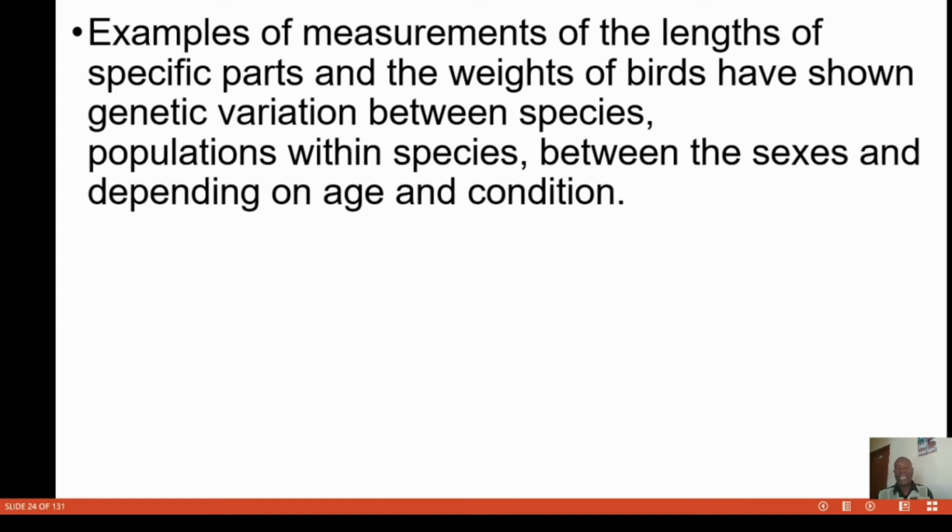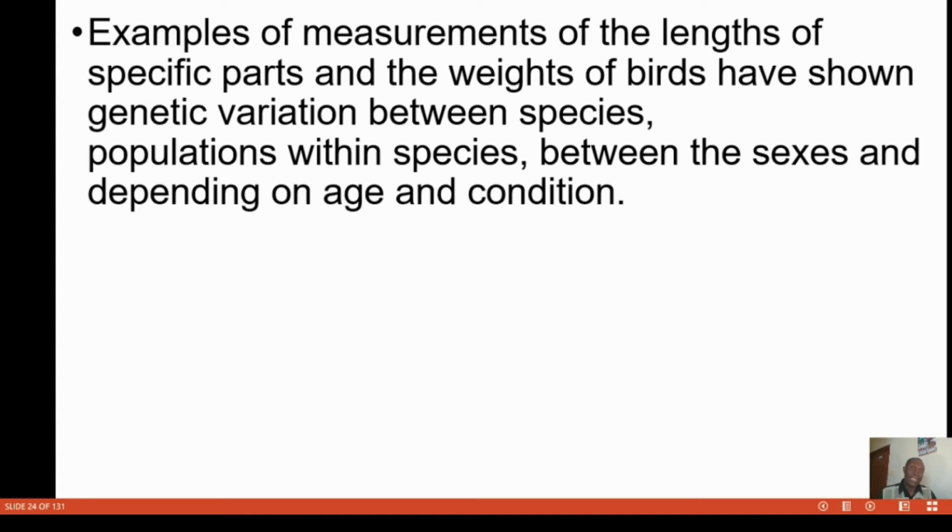And when we talk about alleles at the same locus, you can consider the lengths of specific parts, or the height, or the weights of some objects, like even birds. Birds have been shown to have genetic variation between species, or between populations within species, or between the sexes, depending on the age and condition of birds.